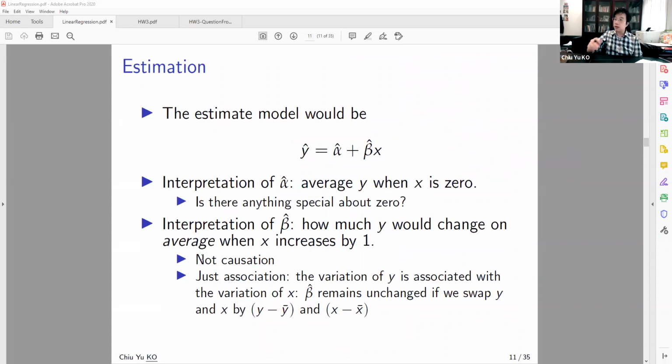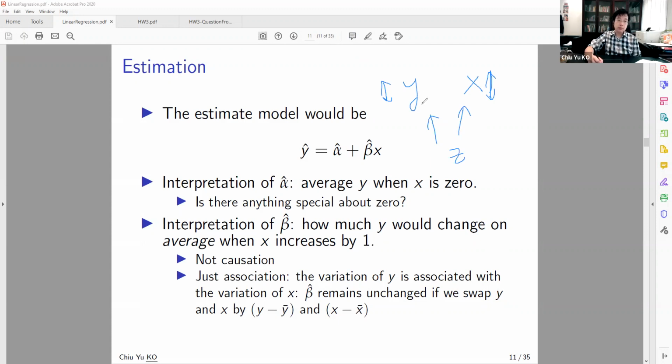Oh, you ask me to explain causation. What I mean is this: we run the regression, and what we want is to use the variance of X to explain the variance of Y, but it doesn't mean that X causes Y. There's no causality here, because as I said, X changes and Y changes, but it doesn't mean changing X will change Y, because we didn't exclude that there's an underlying Z affecting both.